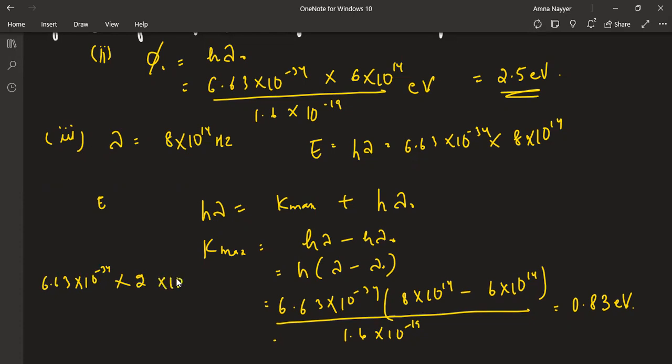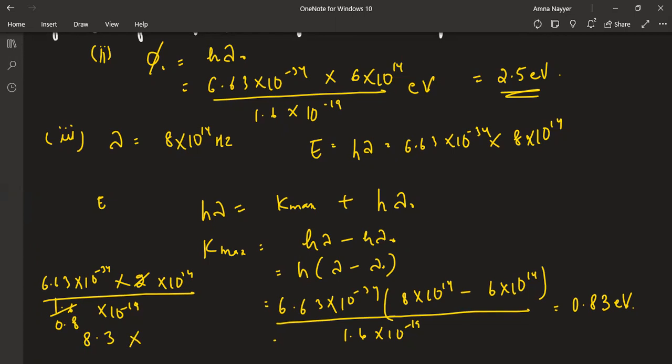So 2 into 10 to the power 14 divided by 1.6 into 10 to the power minus 19. So with 2 here, this becomes 0.8. So once you divide 6.6 by 0.8, you will get around this value, 8.3.